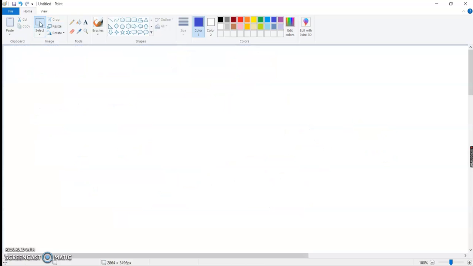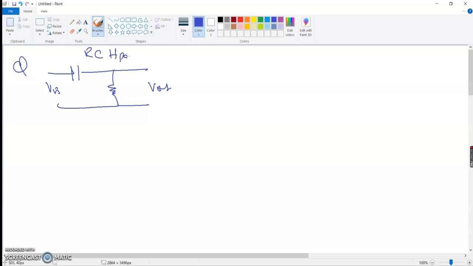this is your normal circuit over here. We're going to do a design question, which says that we have a capacitor and a resistor over here, which is Vout, and that is your Vin. It is an RC high pass passive filter, right?